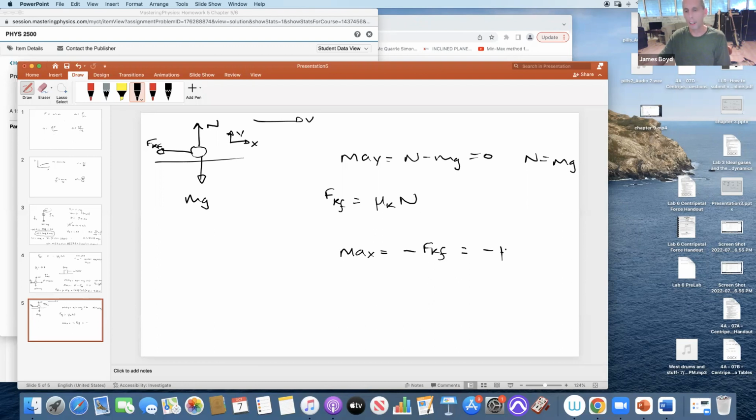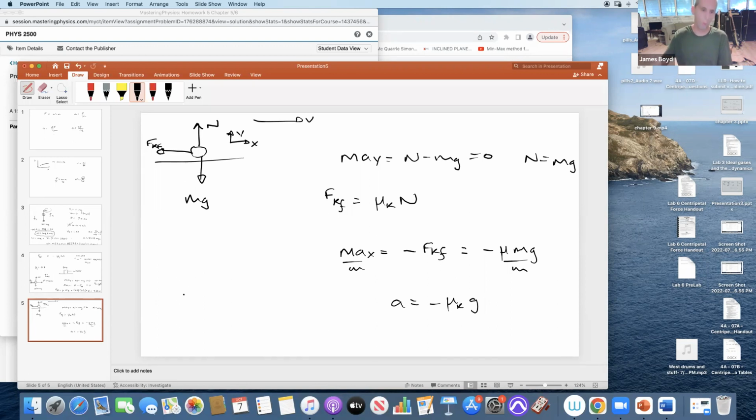That way what we get is a negative acceleration. If I divide both sides by m, my acceleration is negative mu k g.